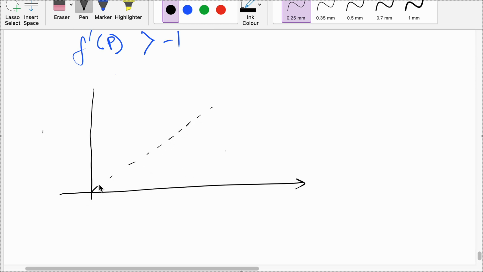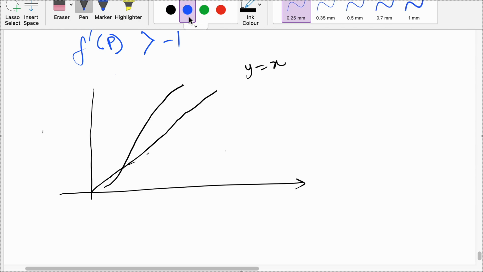This is the line y equal to x, and suppose this is another map. Suppose this is the fixed point, and if I draw the tangent here, the slope will be higher than 1.